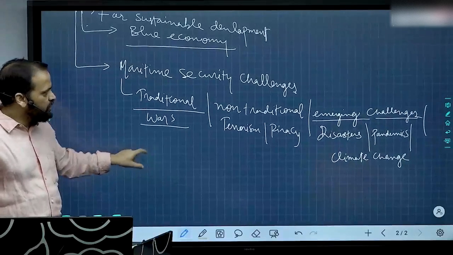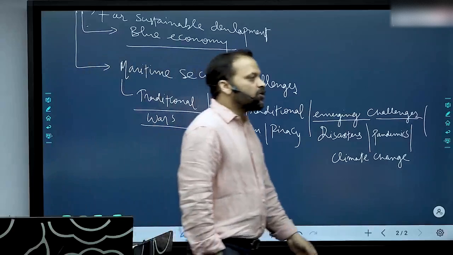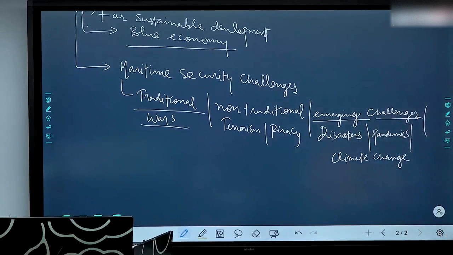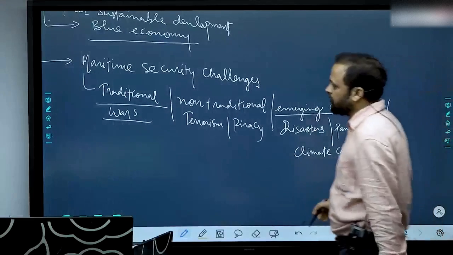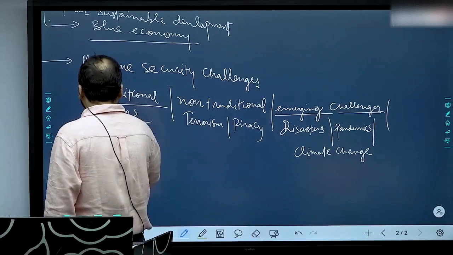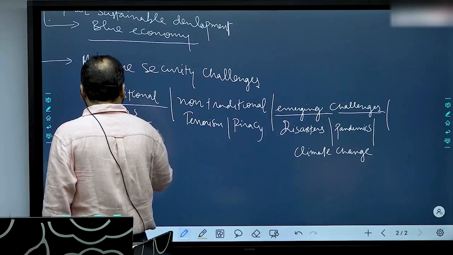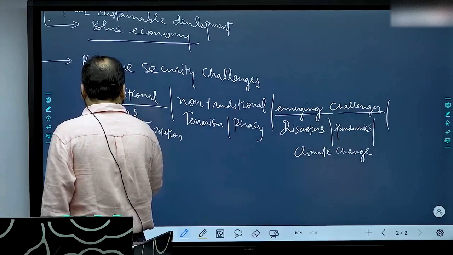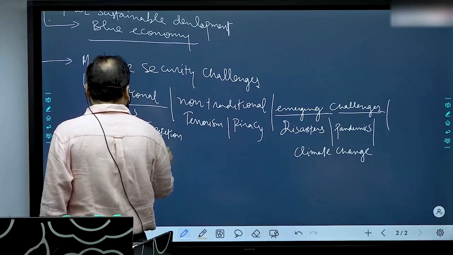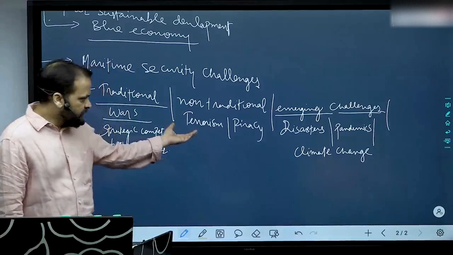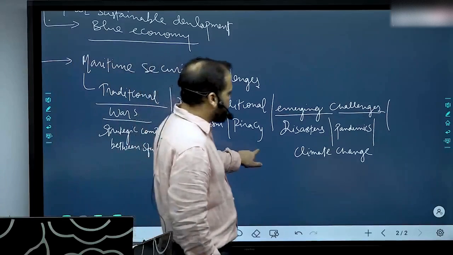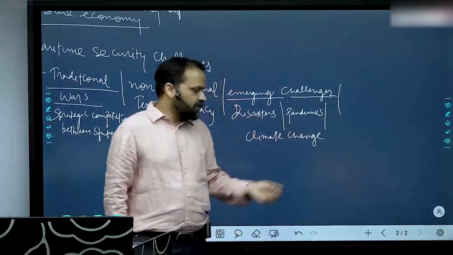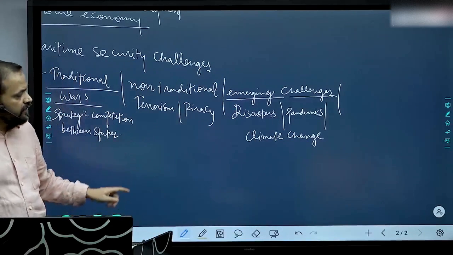So collaboration and cooperation with coastal countries to meet the needs of ensuring safety from maritime security challenges, which can be traditional, which is wars or strategic competition between states, or non-traditional, which is non-state actors like terrorism or piracy, or emerging challenges, disasters, pandemics, challenges related with climate change.